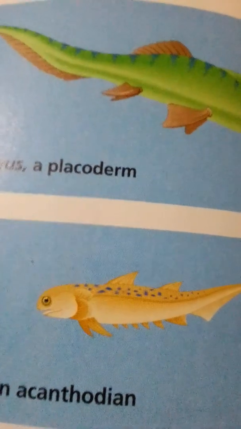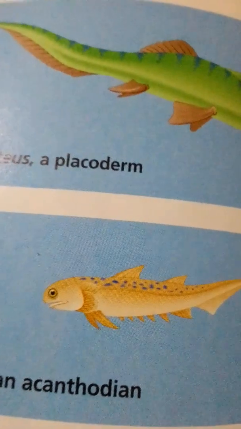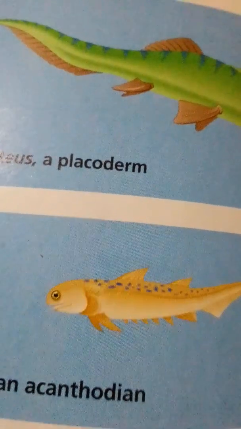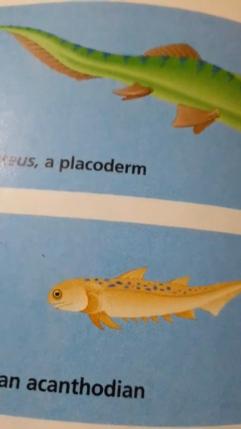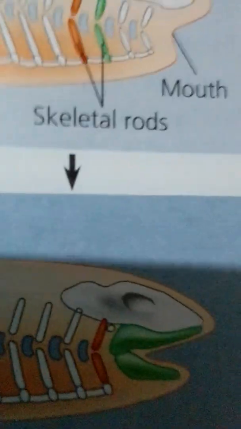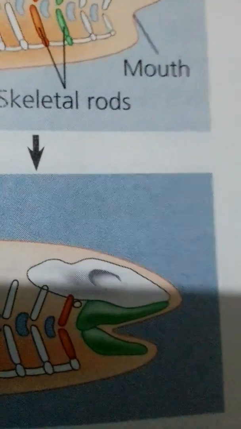Another group of jawed vertebrates called acanthodians radiated during the Devonian period, and many new forms evolved in fresh and salt water.